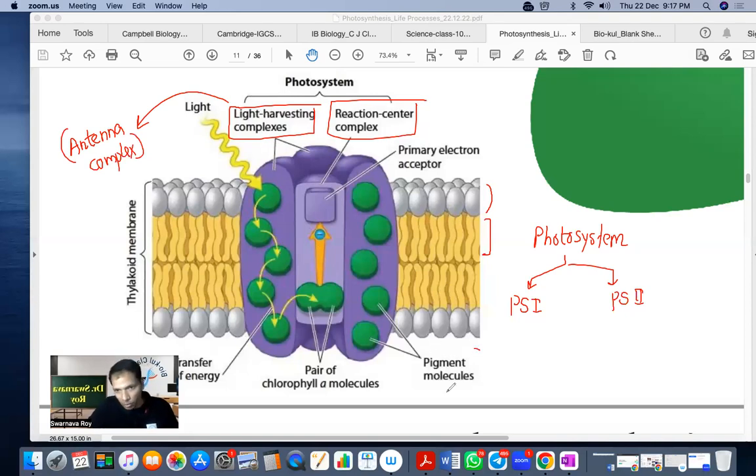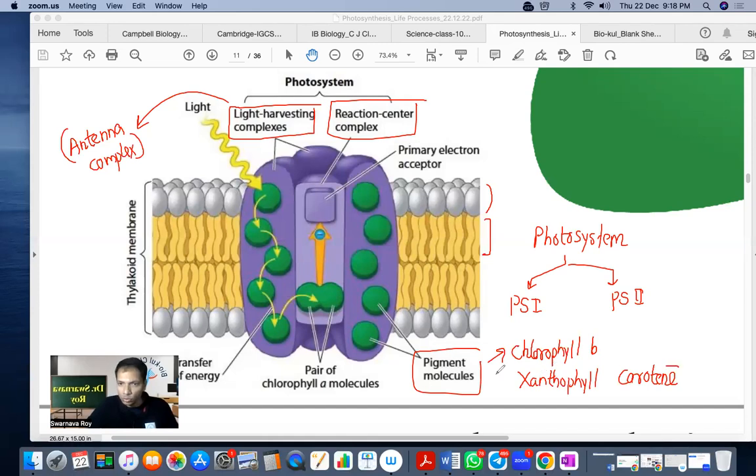There are these pigment molecules, especially chlorophyll B, xanthophyll, and carotene mainly. These two combined are called the carotenoids.